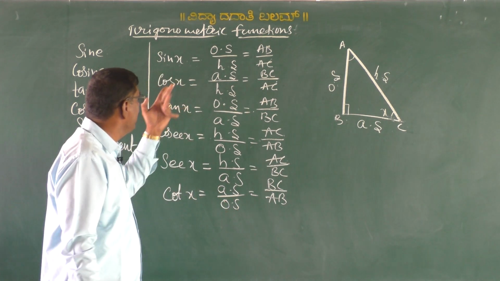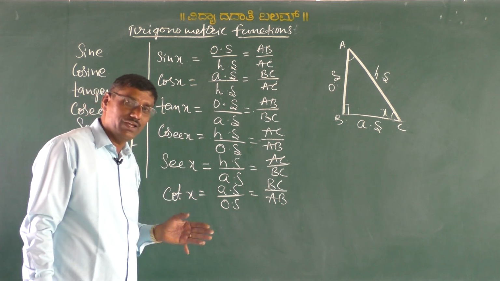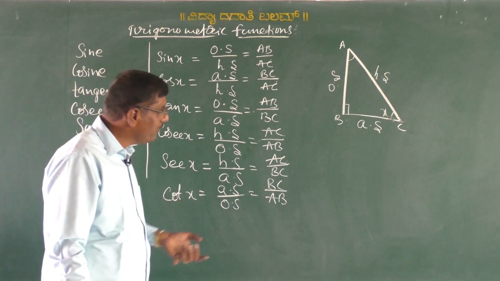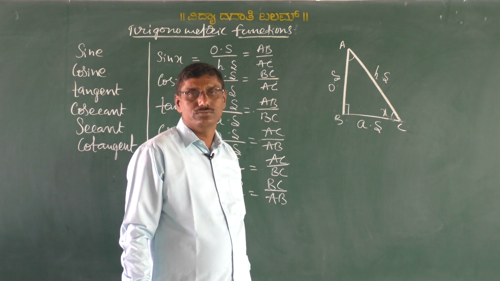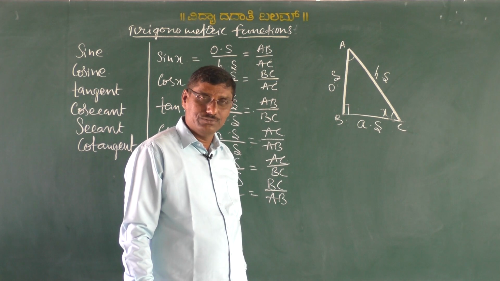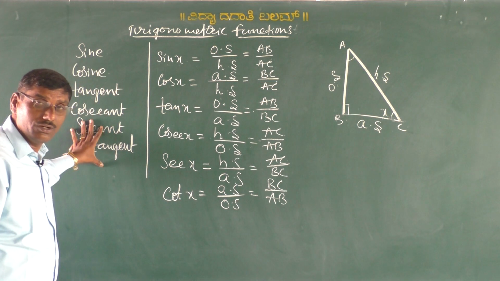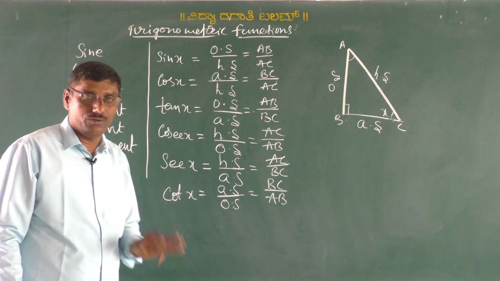Hence, sin x, cos x, tan x, cosecant x, secant x, cot x are also real numbers. That is, the trigonometric functions which are associated with the acute angle are real numbers. Are you understood, all of you?